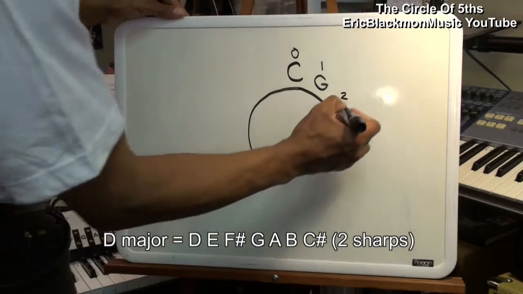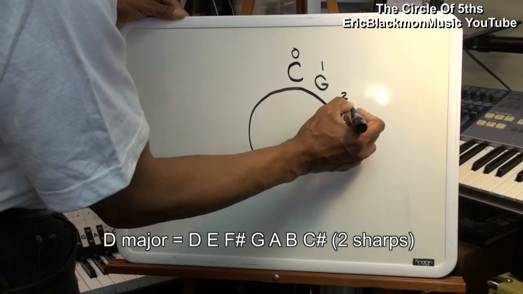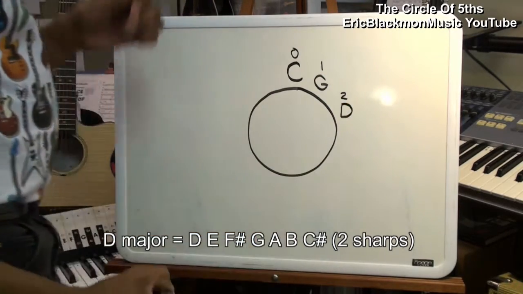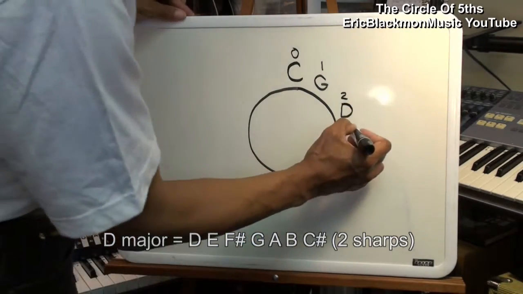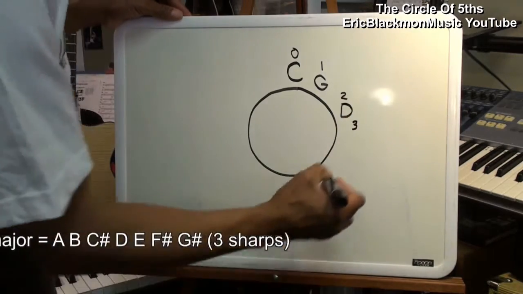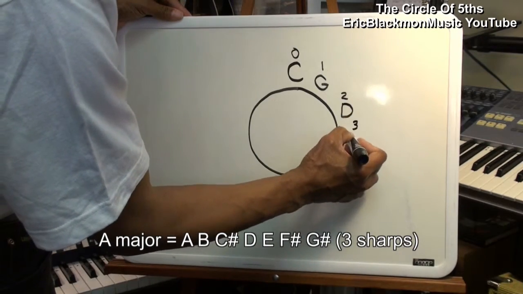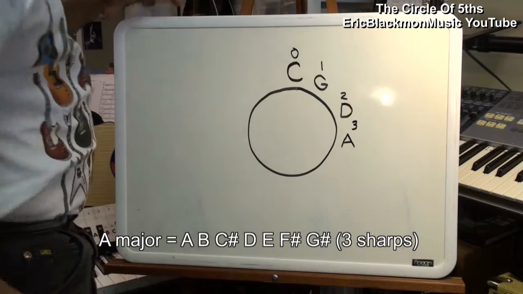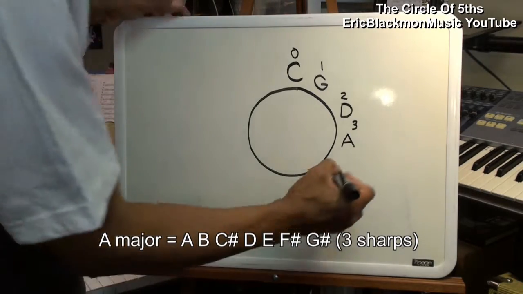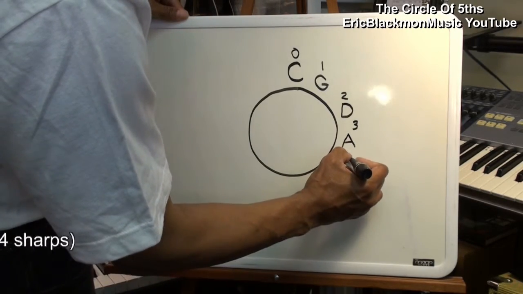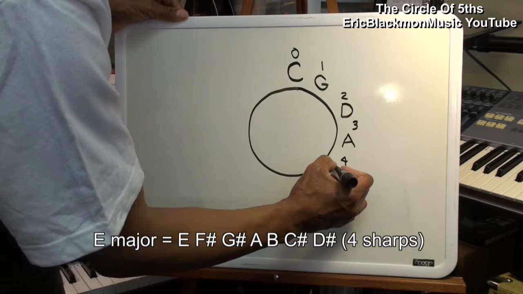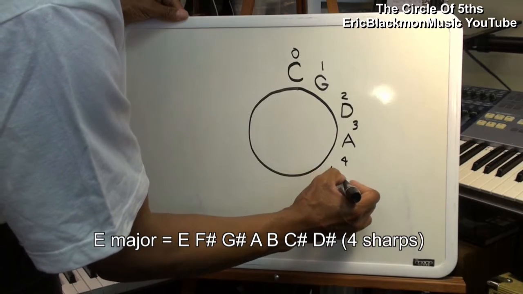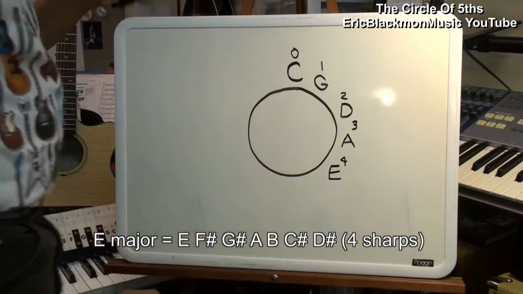The key that has 2 sharps is D major. Next is 3. The key that has 3 sharps is A major. After that we'll go to 4, and the key with 4 sharps is E major.